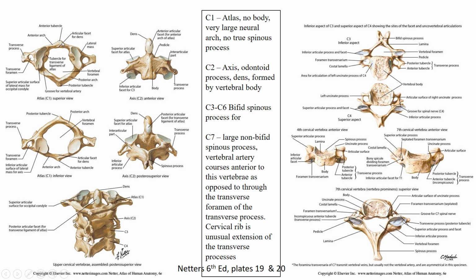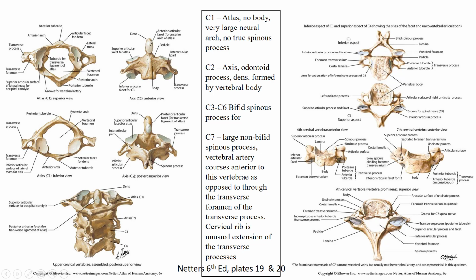and the anterior body that we would have in a regular spine that we saw in the thoracic and the lumbar spine. But the transverse process has this transverse foramen, and that is where the vertebral artery runs through on each side. Also unique to the atlas is the superior articular surface, and that is where the condyles of the skull sit.